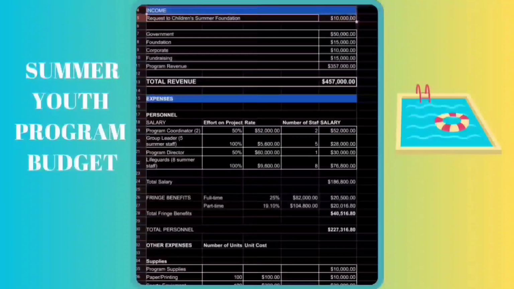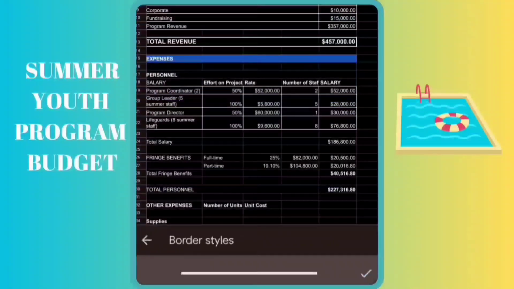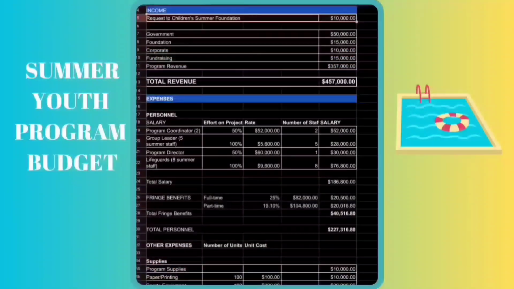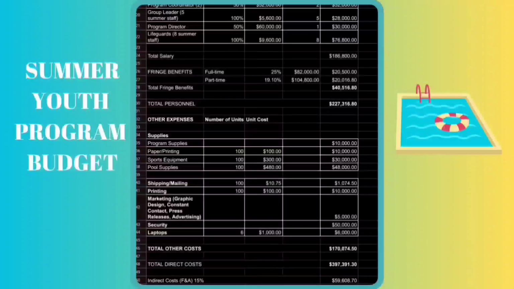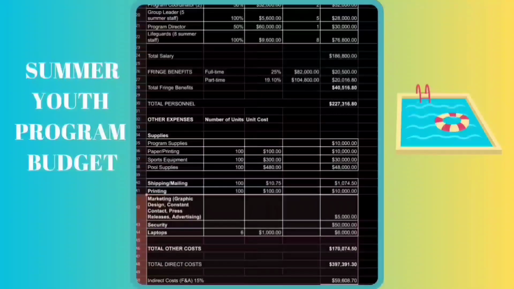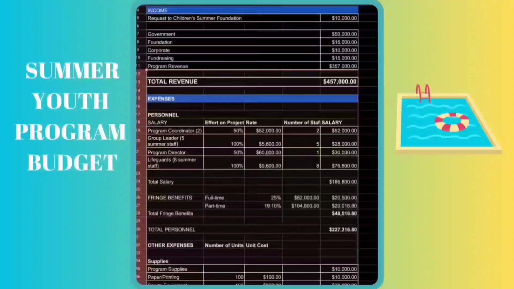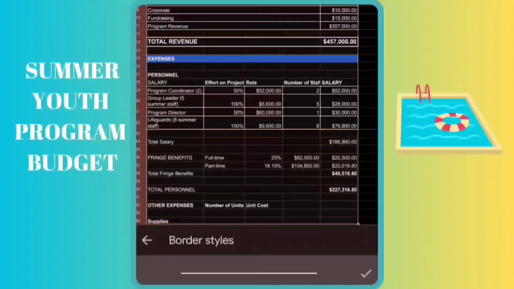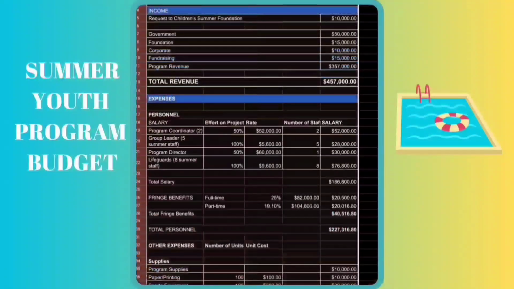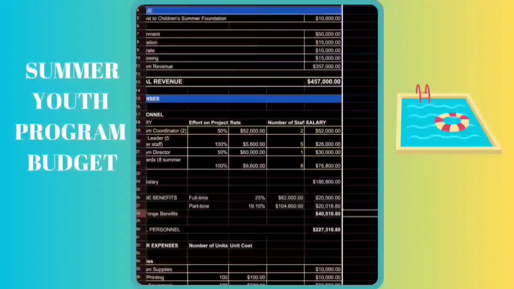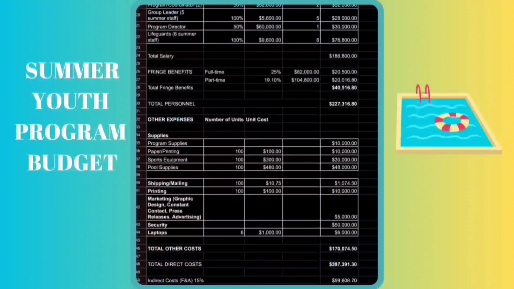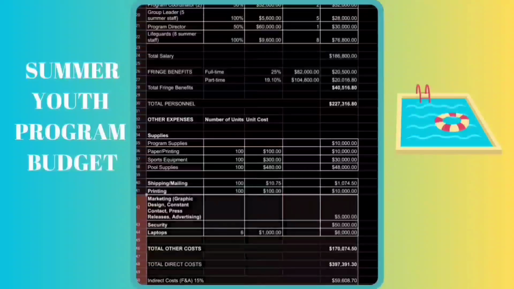So see, when you merge the cells, the border can span a number of cells and you don't have vertical lines across, such as in your revenue line items of government, foundation, or the actual request to the foundation that you're submitting to. Now we've put a very thick border around the edge.